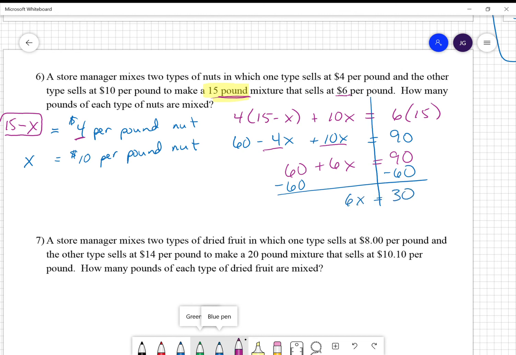And last step, divide by 6. Okay, well, X is the $10. So I want 5 pounds of $10 nut, and 15 minus 5 would be 10 pounds of $4 nut.